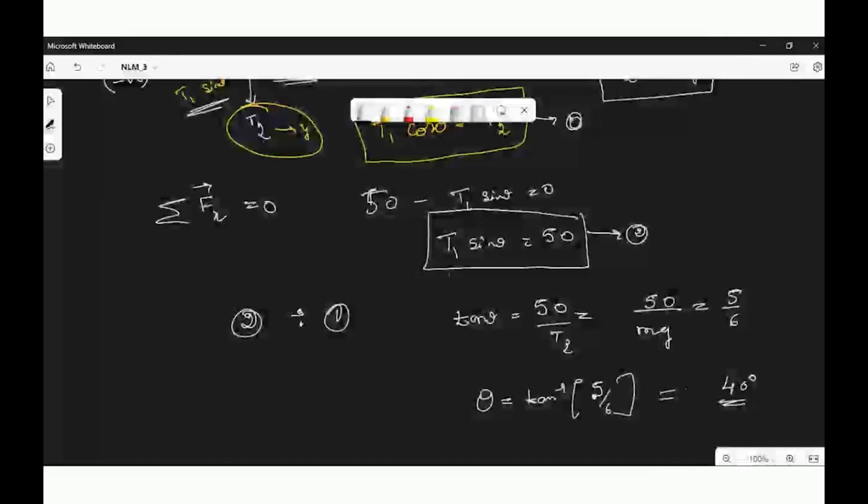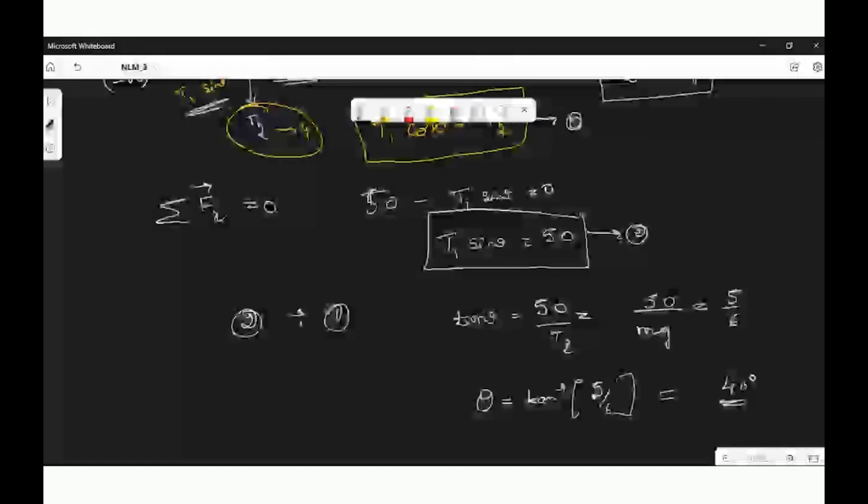Something greater than 0.7 or 0.8. Yeah, it will be 0.8. Like 50 by 6 kind of a thing you can imagine. So 6 8s are 48. Slightly greater than 0.8. So you can check, this is a standard angle with 40 degree.